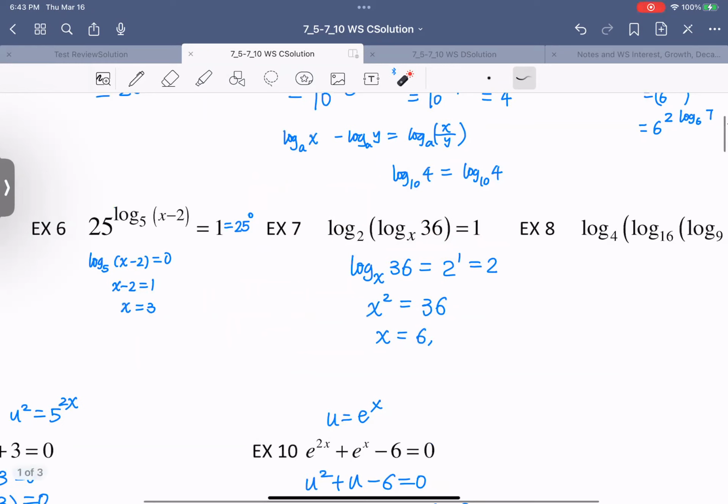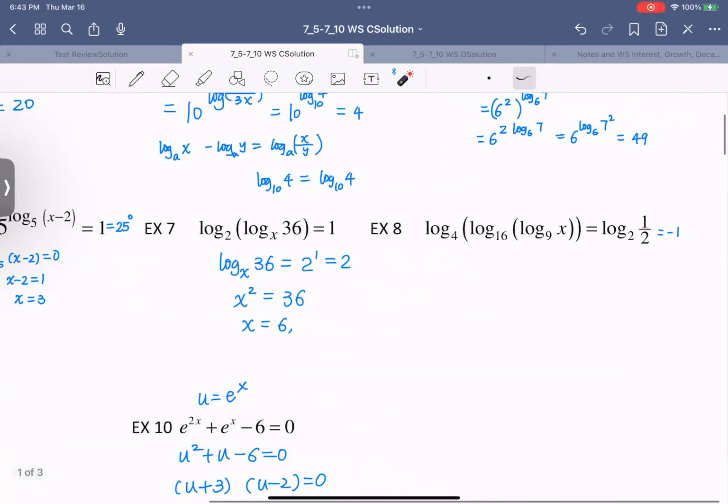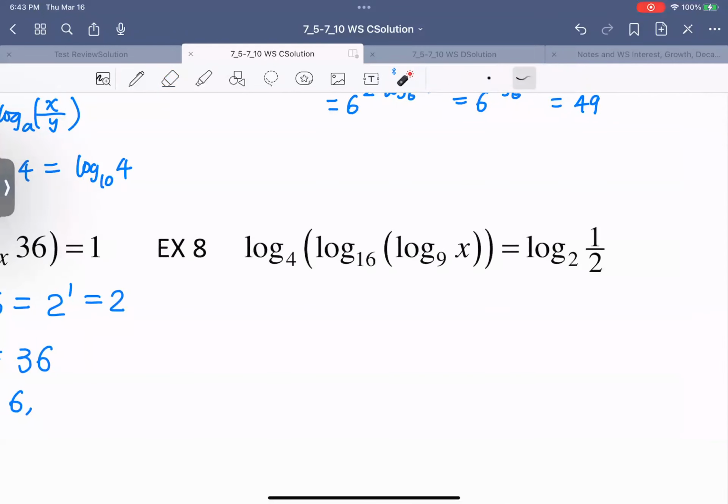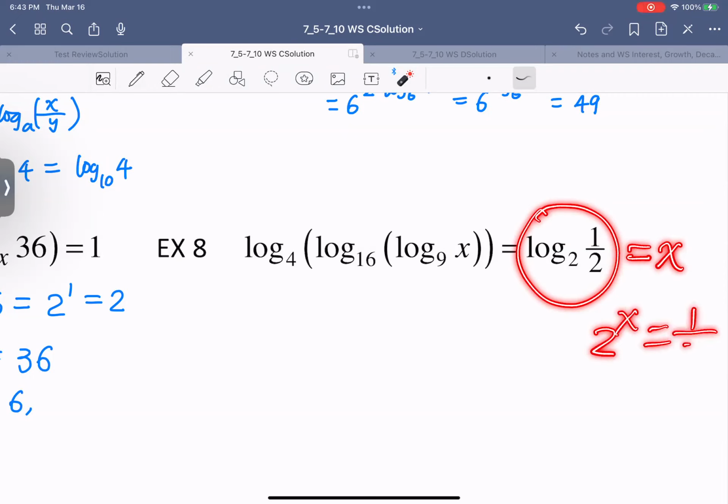Yes. Next, Ethan. This number is a little bit longer, but you can do it. I want you to do this right part first. Okay. So log 2 and who is this? In other words, if you don't know, you put x. You will say 2 to the power x equals 1/2.